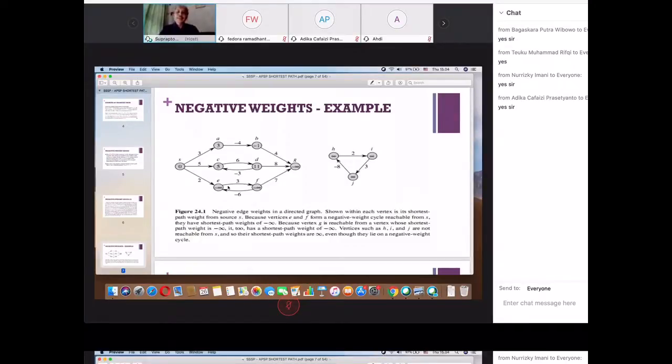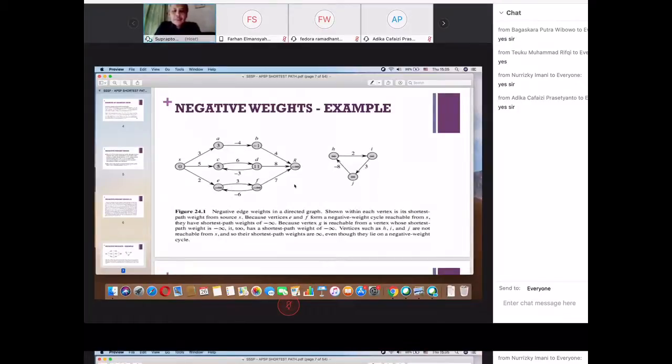And is there any negative weight cycle among these 3?